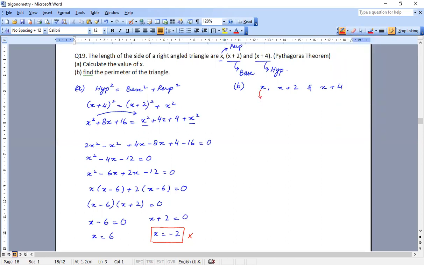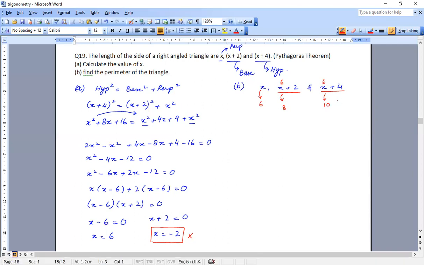X is 6. So x plus 2 is actually 6 plus 2, which means this whole is going to be 8. And again, x over here is 6. So 6 plus 4 is equal to 10. The length of the sides of the triangle are 6, 8, and 10.